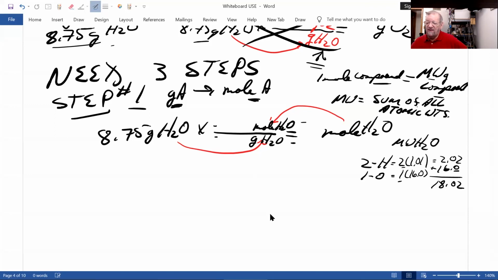This is 1, this is 2. Therefore, this should be 1. Use that to round off. That's 4 or less. So for every 1 mole, I have 18.0 grams. And now I'll check: grams divided by grams equal 1. I'm left with moles. So now I'm going to go to my calculator.